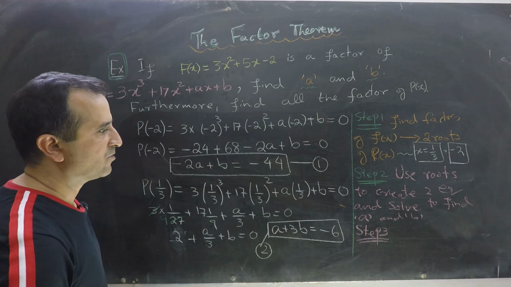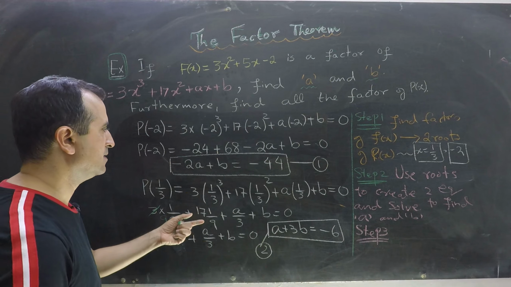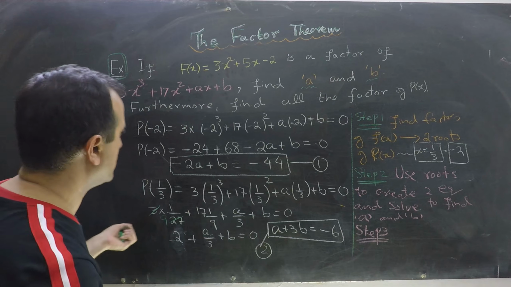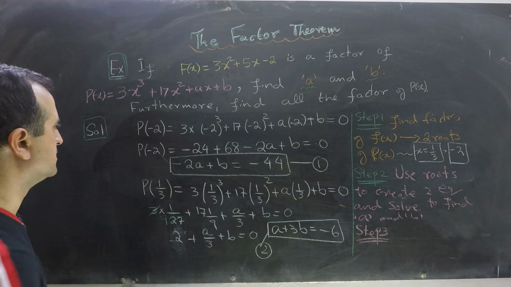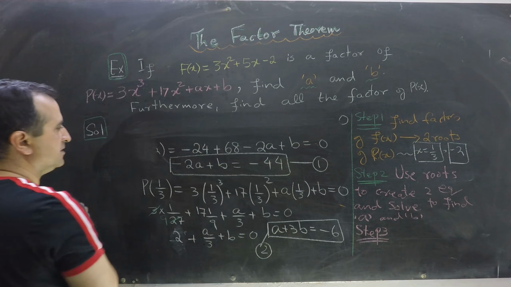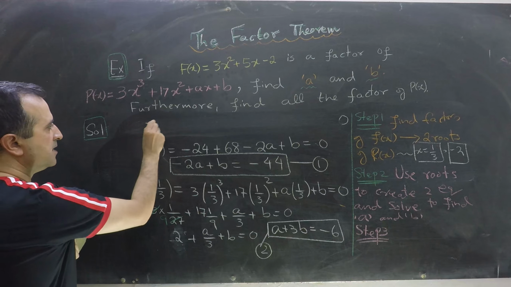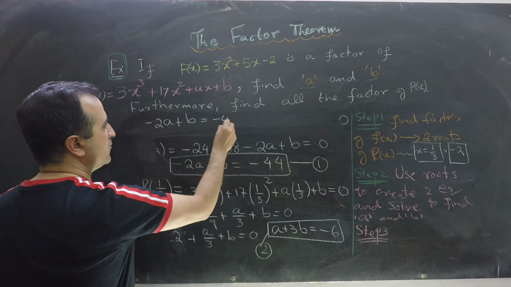Now I have to simultaneously solve those equations to find the values of a and b, but because my board has less space, let me write those equations and clear the rest of the board. I write my first equation here, which is minus 2a plus b equals minus 44.